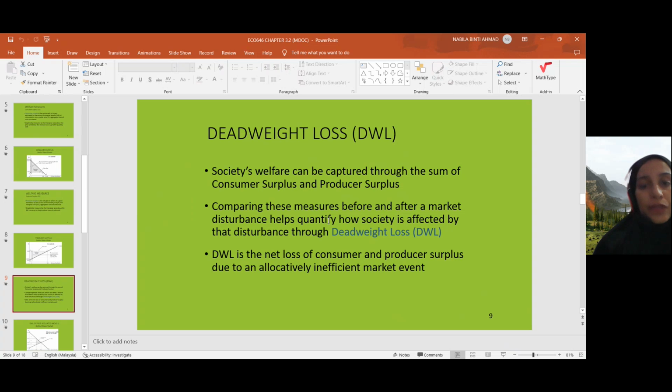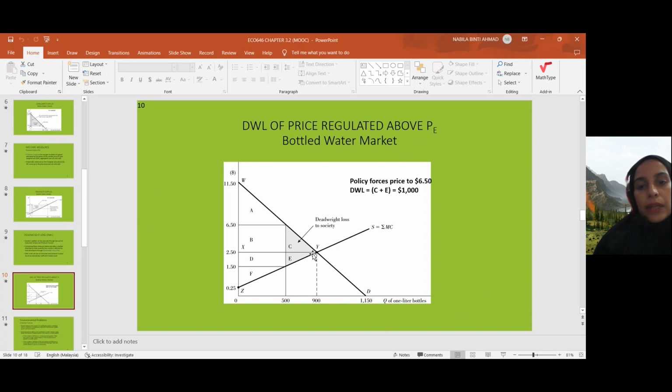So because of allocative inefficiency, consumers and producers will face losses. The deadweight loss is up to this area, C plus E here, right? This is the loss of the consumer, and this is the loss of the producer. And when we calculate this one, we will get $1,000 as the deadweight loss, right?